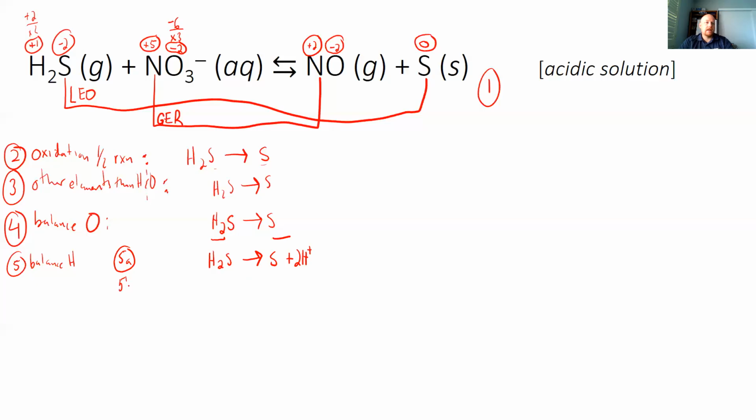5B is the step that gets us to having either hydronium or water, depending upon if it's acidic or basic. Here, we're going to get to hydronium. Notice I have 2 hydrogens here, 2 H pluses, 2 hydrogen ions. So what I need to add is water to each side. Okay, and so I'll do that here.